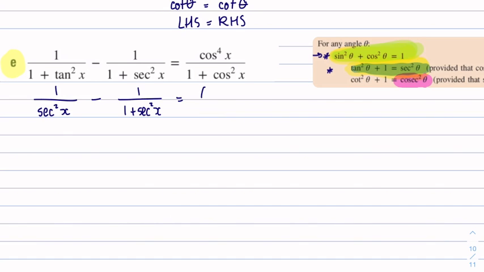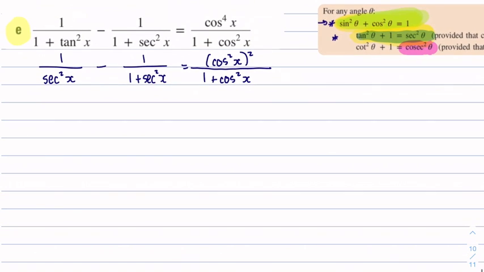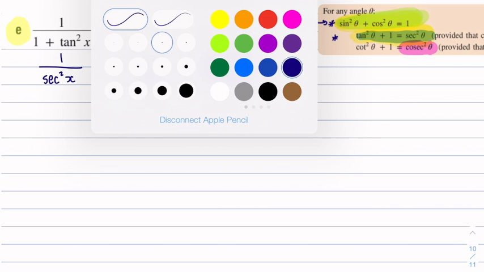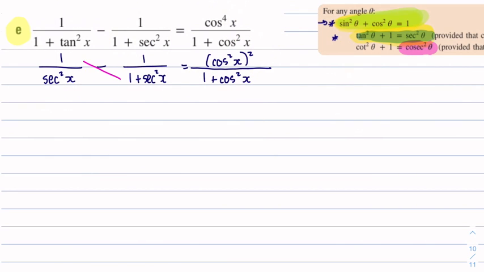And then this is the same as cos squared x squared. I'm just writing that as cos squared x squared because cos squared x tends to be more useful. 1 plus cos squared x. Okay. I'm going to cross multiply here.